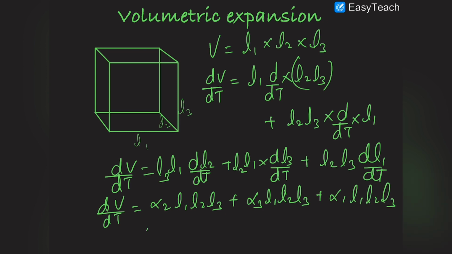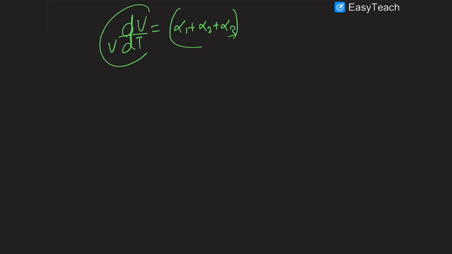So dV by dt is equal to alpha 1 plus alpha 2 plus alpha 3, into V, where V is the volume. We can write this as gamma, the coefficient of volumetric expansion.